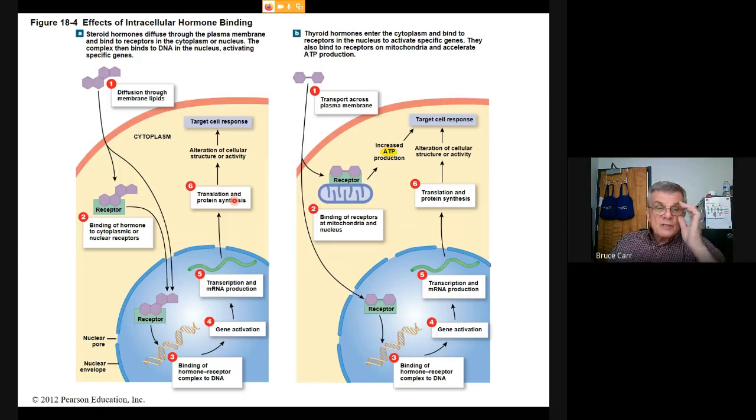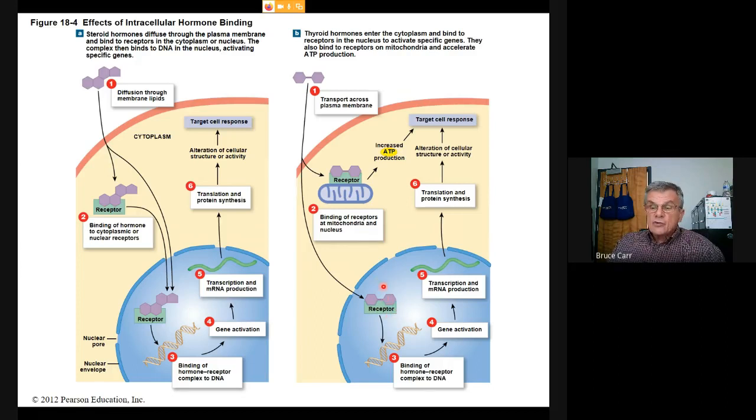So that protein synthesis is going to be specific to this target cell and is going to alter structural activity. In this case, a disaccharide is shown transporting in and binding a receptor and binding to the mitochondrion, or binding specifically, being transported specifically into the nucleus.